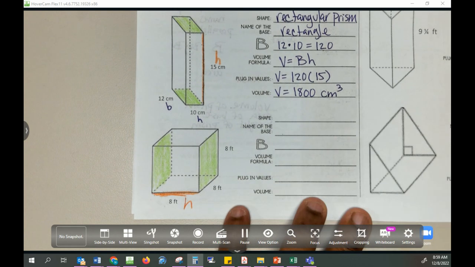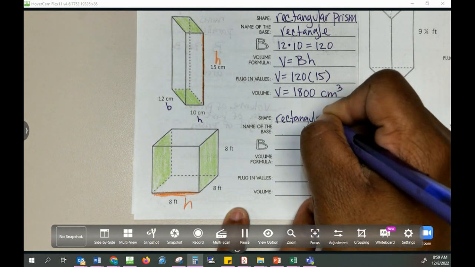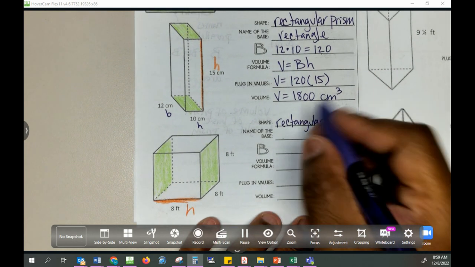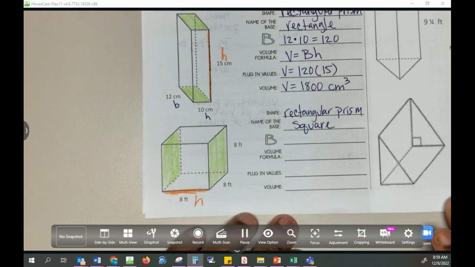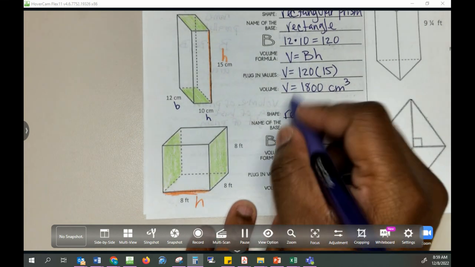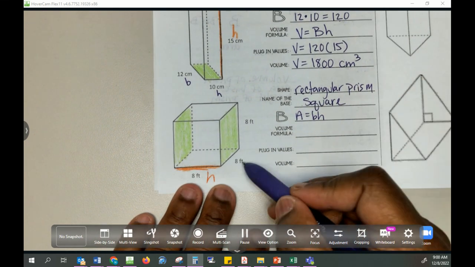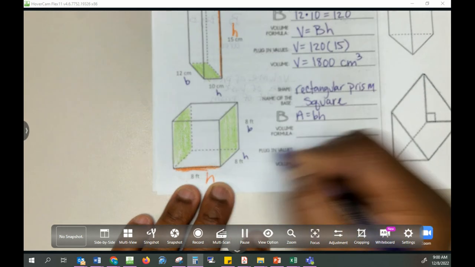So here for the shape, this still falls as a rectangular prism, even though the base is a square. When we do area, we know area is base times height. So if this is my base here, I'll say base times height.